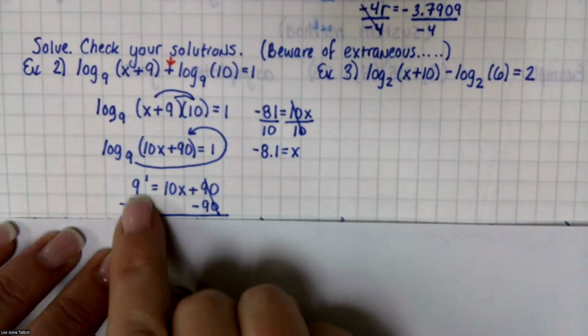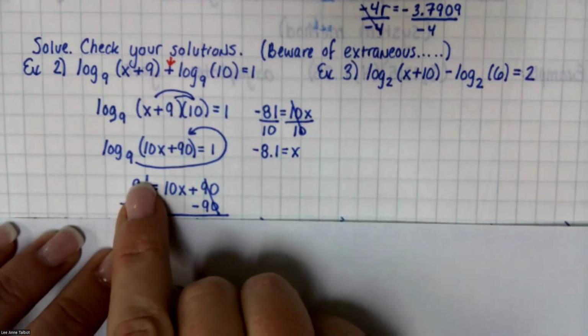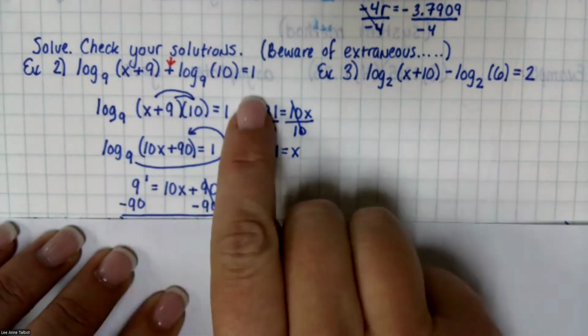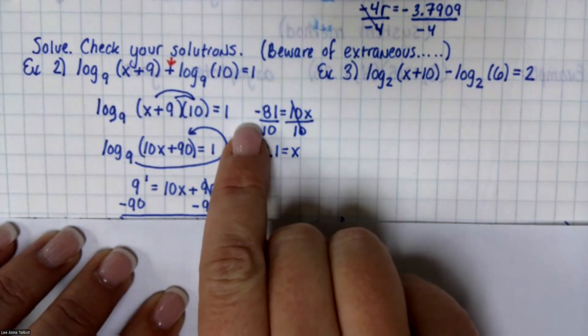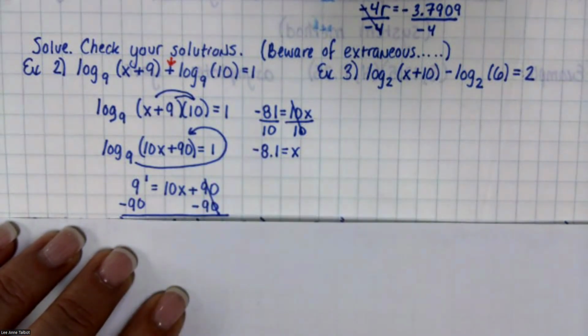Does this make sense right here? 9 to the 1 is 9. 9 minus 90 is negative 81. That's the end, except we have to plug it in and check our answer.